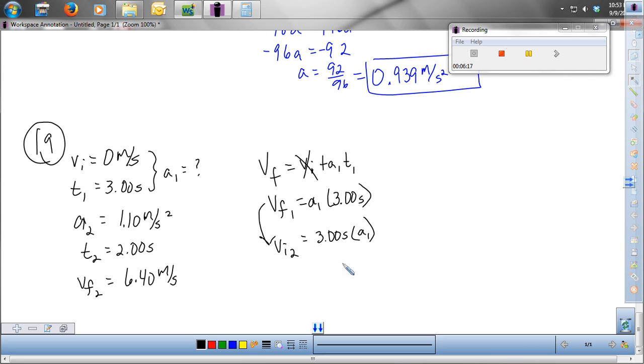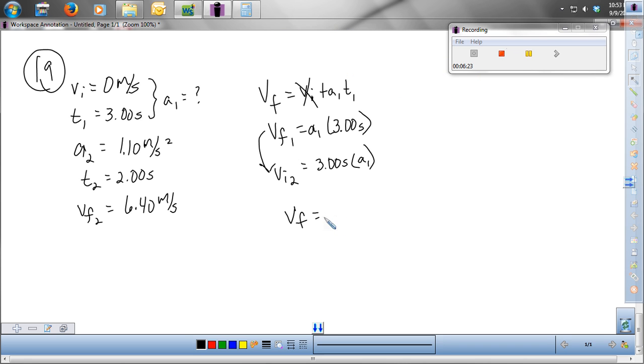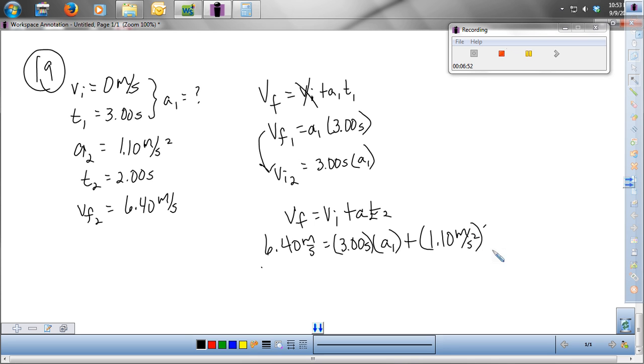So if I go back to Vf equals Vi plus At, and I'm now in the second time frame that they're looking at for 2 seconds, then I can say 6.40 meters per second is equal to Vi, which was 3.00 seconds times A1, plus acceleration 2 times time 2. Acceleration 2 is 1.10 meters per second squared. Time 2 lasts for 2 seconds. So that's 2.20, which I bring over and subtract from 6.40.